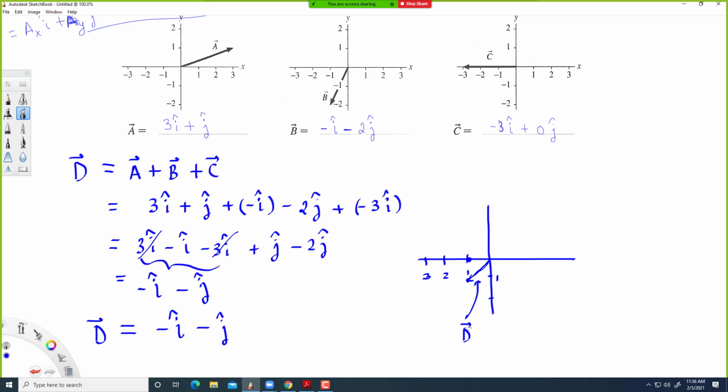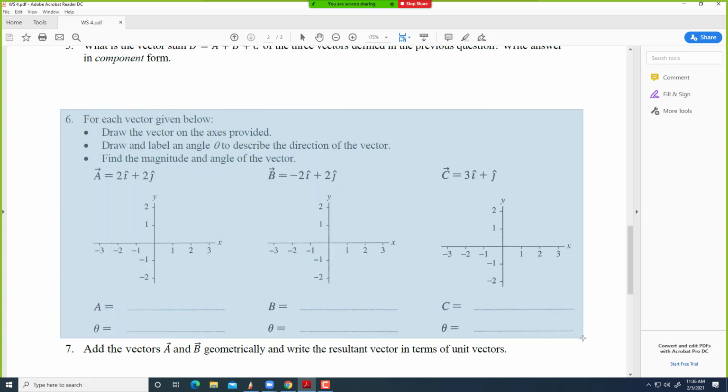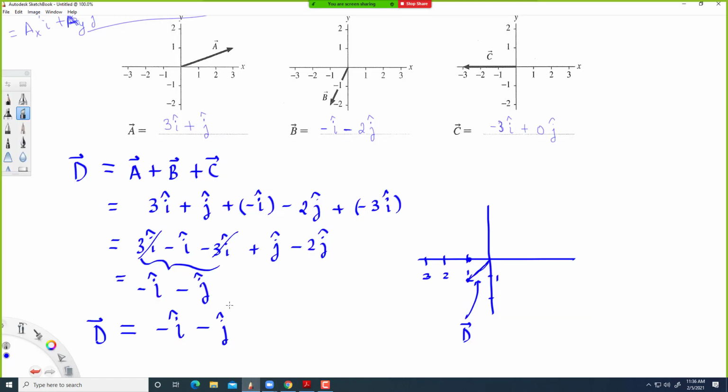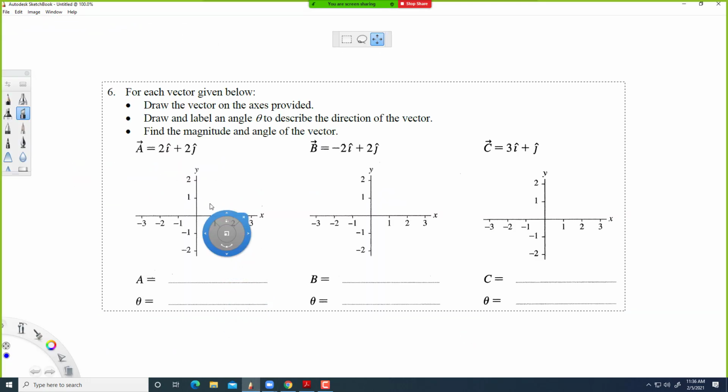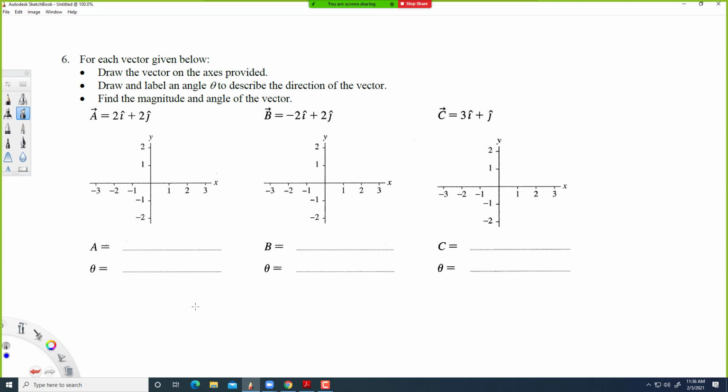Let's look at number 6. For each vector given below, draw the vector on the axis provided.